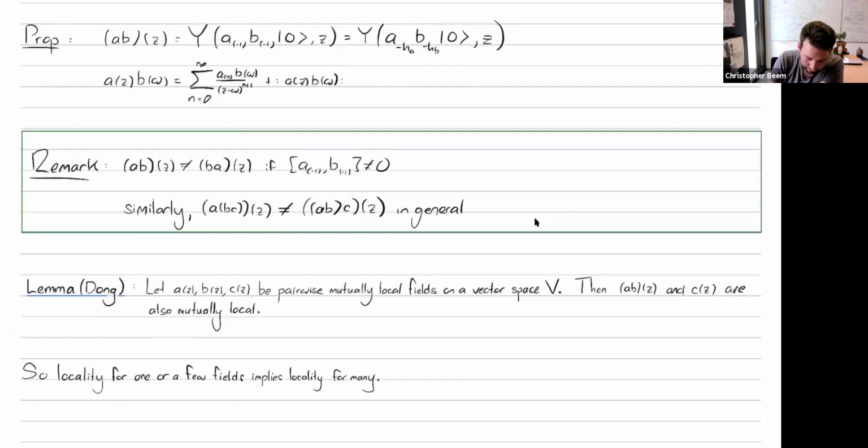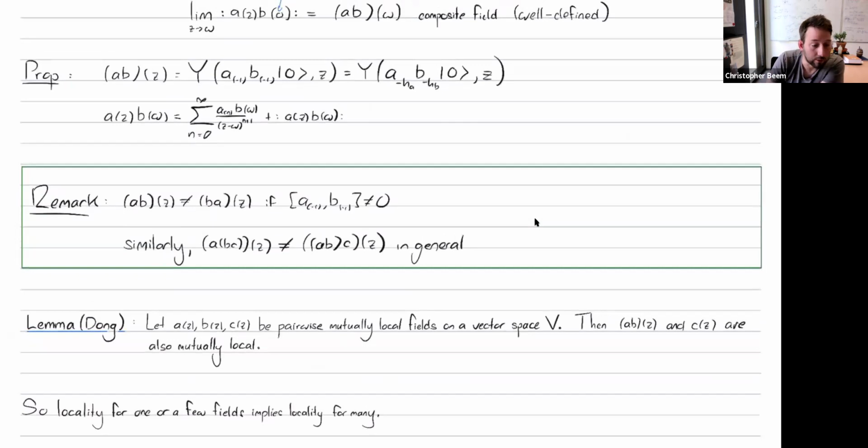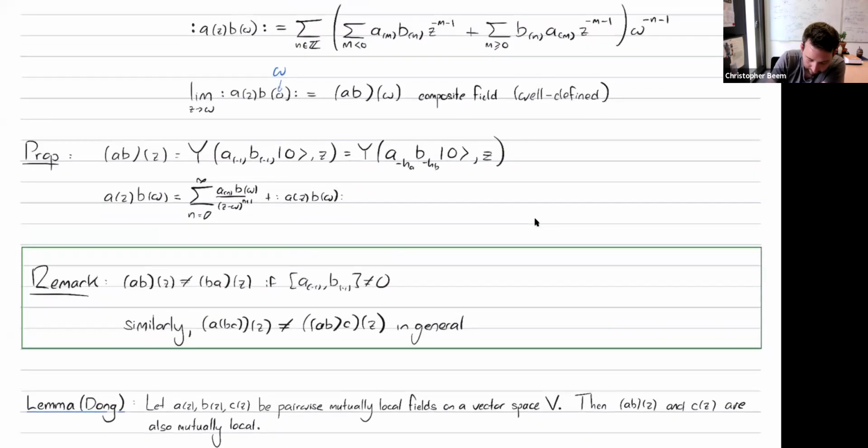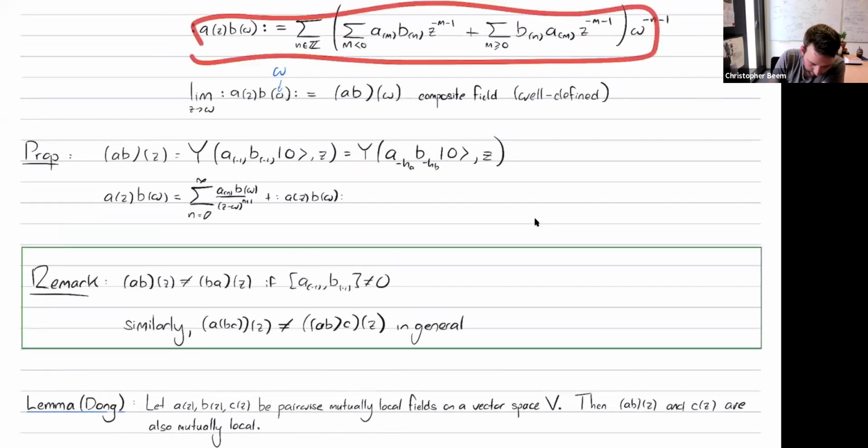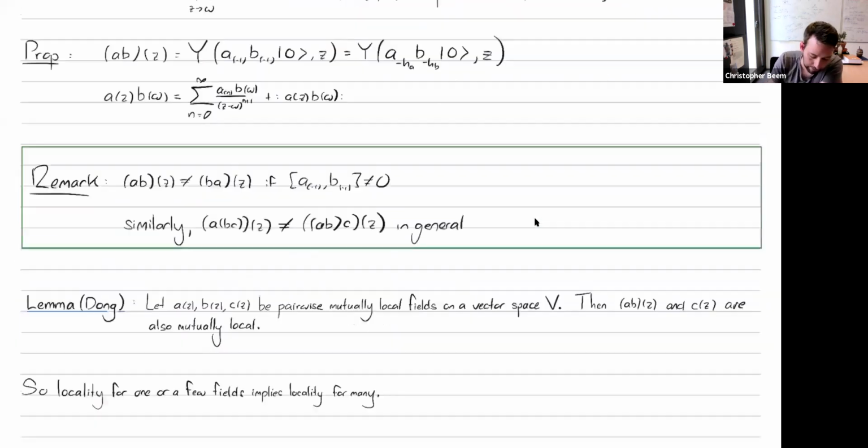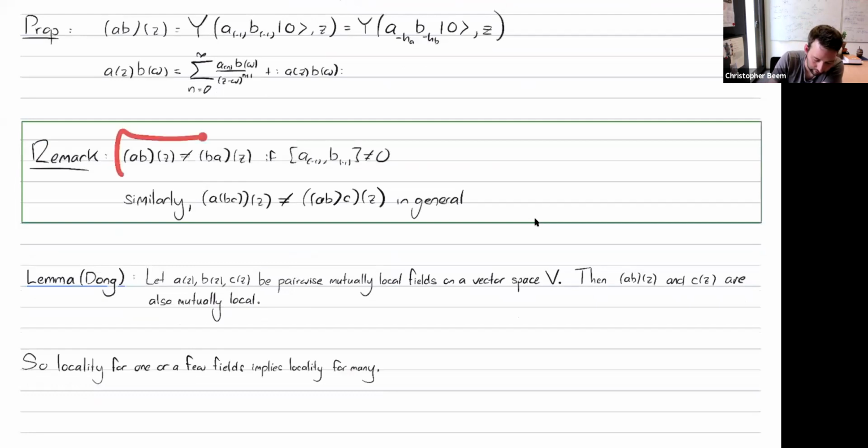So you can check in principle, if you look at how this expansion works, that you're not going to have a commutative normally ordered product unless you have a commutator of modes which is 0 between a_{-1} and b_{-1}.